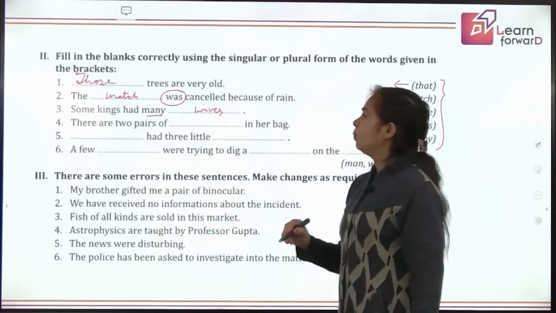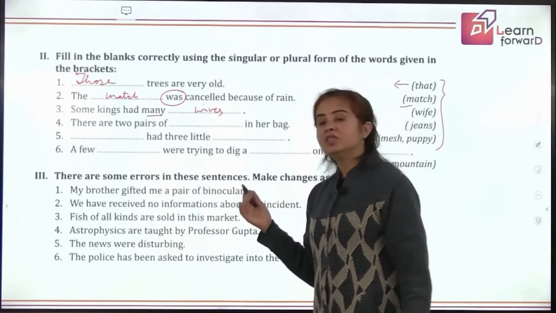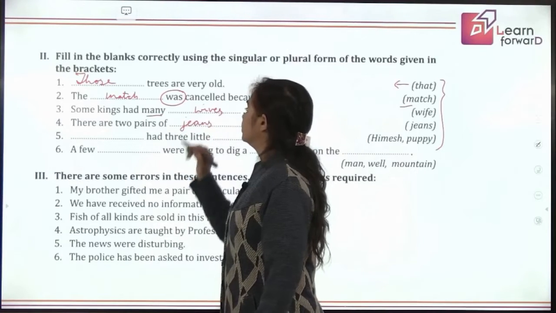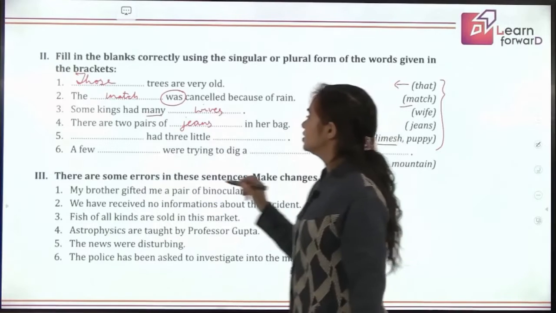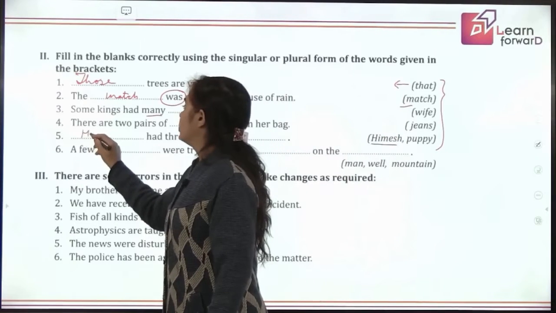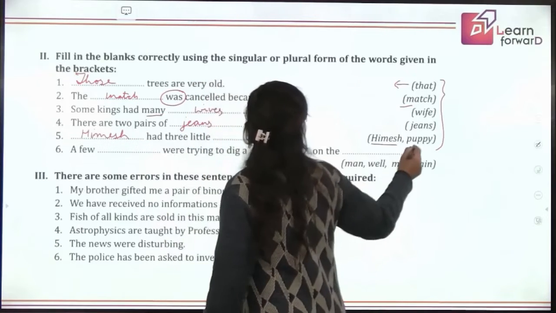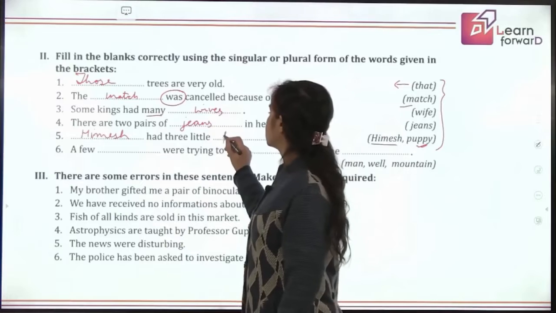There are 2 pairs of dash in her bag. 2 pairs of jeans. Next, dash had 3 little dash. So Himesh is a proper noun. No point of singular plural. 3 little. What's the plural of puppy? It's puppies. Good.